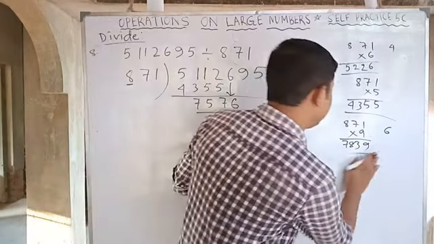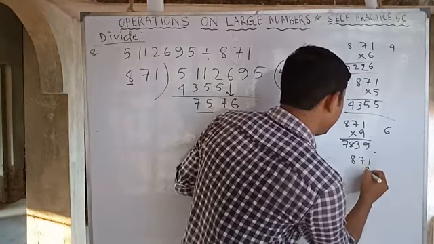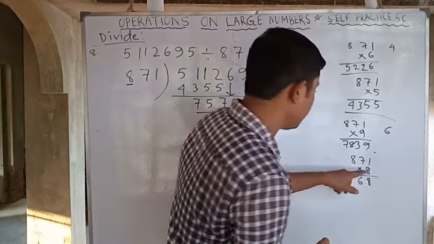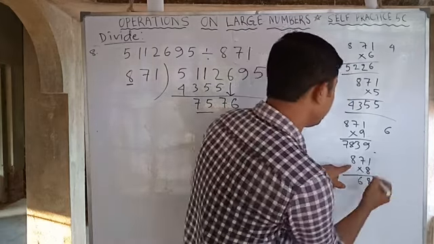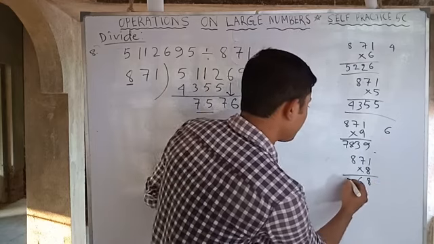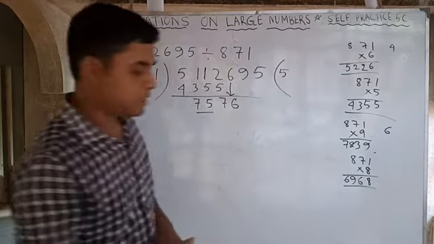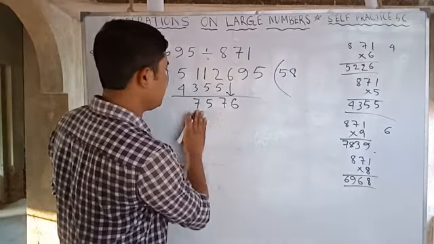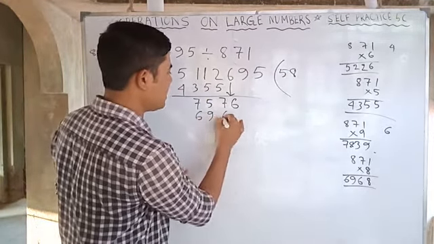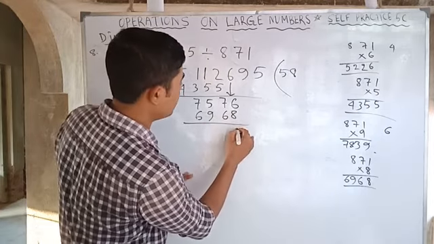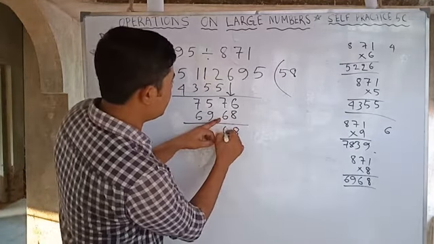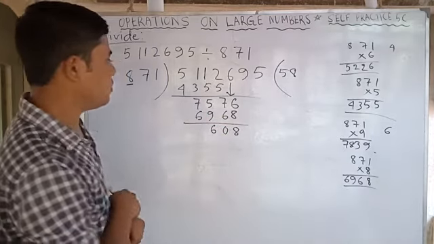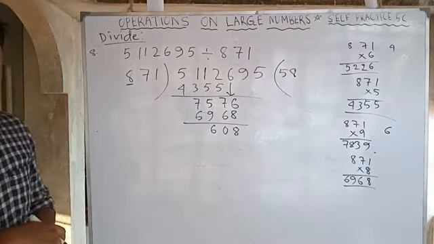So by 8, 871 by 8: 8, 56, 64, 64 and 5, 69. 61 and 5, 69. Therefore, by 8, it will be 6968. Subtract. So it is 8, it is 0, it is 6, it is 0. So 608. Okay.